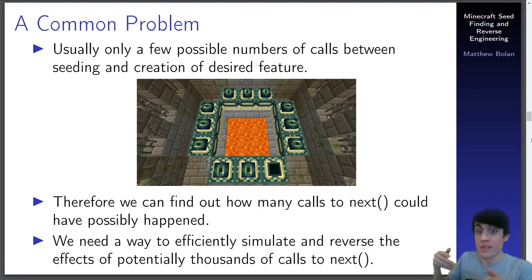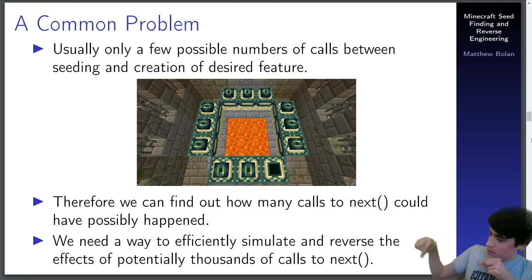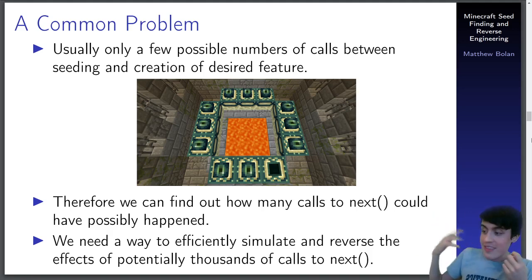In the case of portals, there's 761 calls we don't care about before we get to the actual portal. It's really computationally bad to be simulating all 761 of those little things I don't care about at all, and then getting to the meat, getting to the portal.